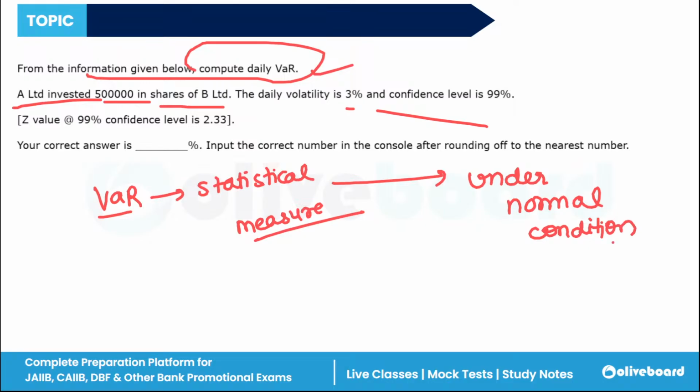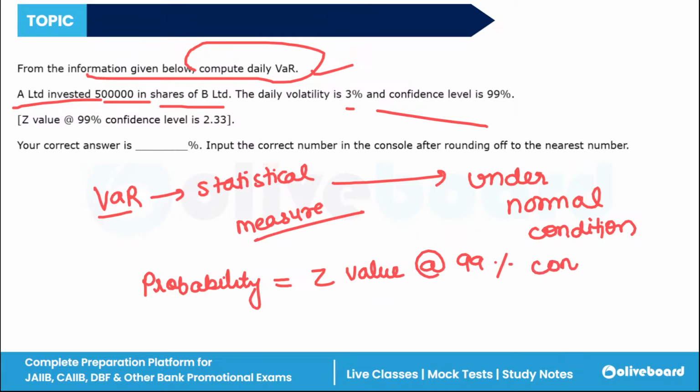So here the probability is equal to the Z value at 99% confidence level, that is 2.33.